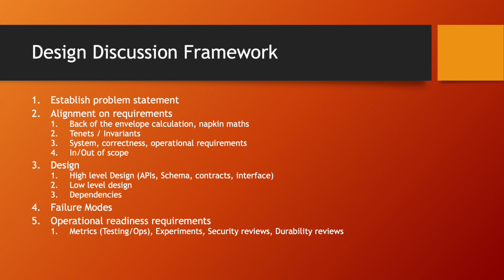Then we should put a high-level design, which might include some APIs, schema, interface, and then based on that, we can go into low-level designs and discuss dependencies. After that, it's good to discuss failure modes of your system design. And then if time permits, we can talk more about operational readiness requirements like observability, experiments, security, and durability aspects of your design.